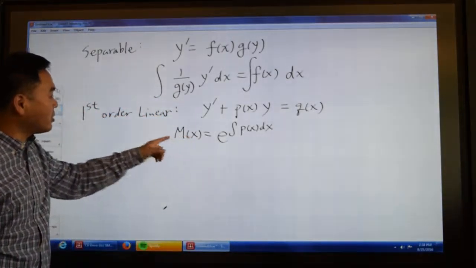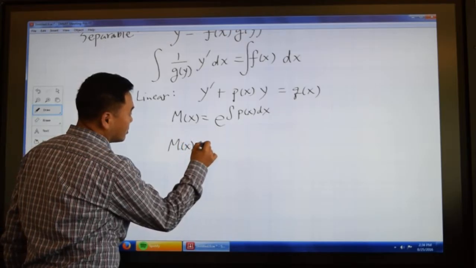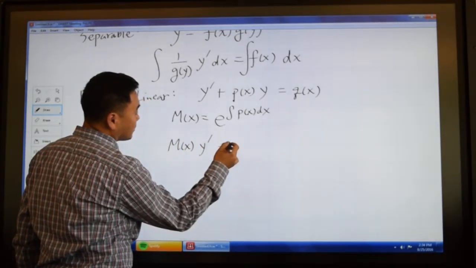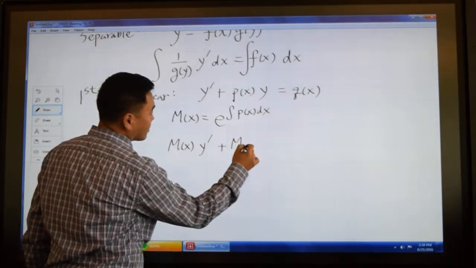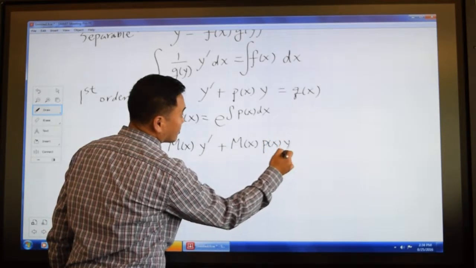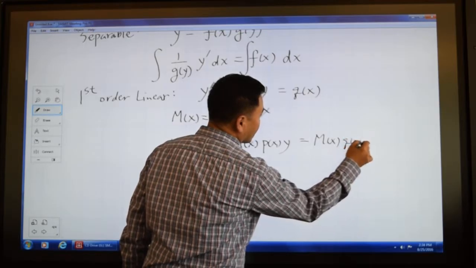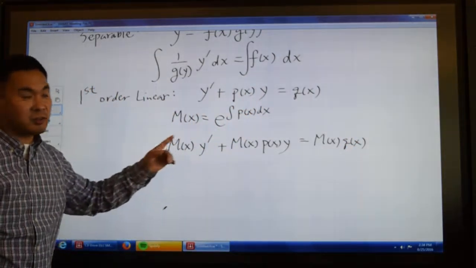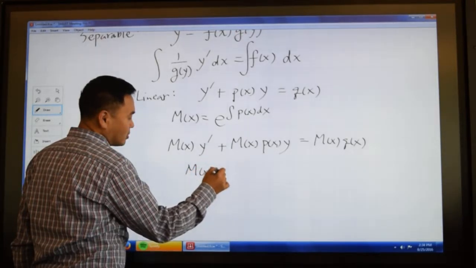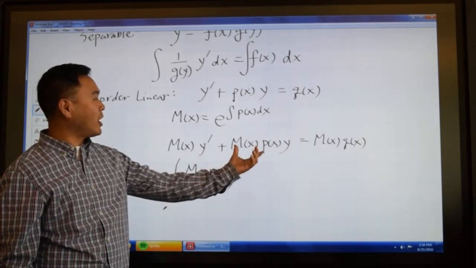And once you calculate this, you multiply this all around. And suddenly, magically, this left side turned into the product rule of this thing, just because of the way you made this.